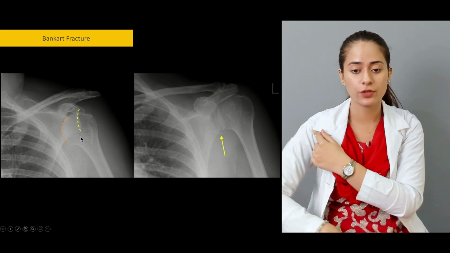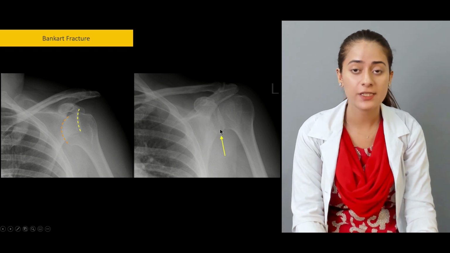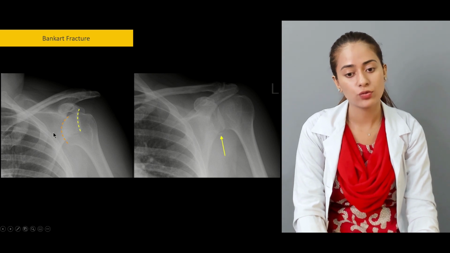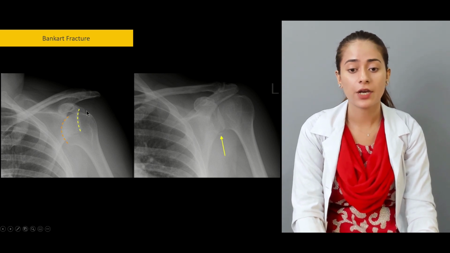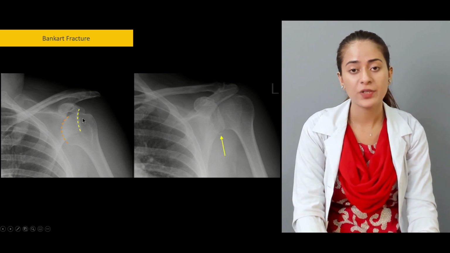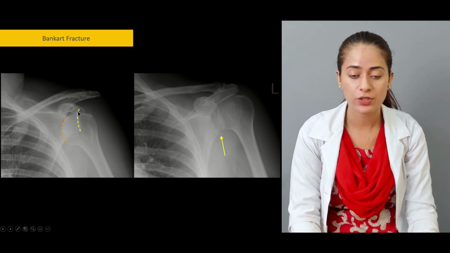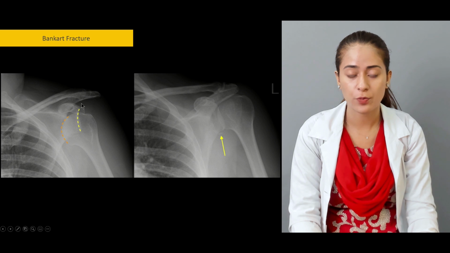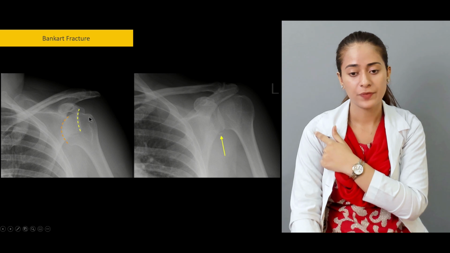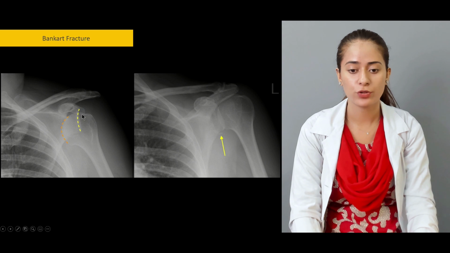Because of the dislocation, two surfaces are vulnerable to fracture. One is this surface, the inferior labrum of the glenoid, which can be fractured due to a dislocation, and the other is this portion, the superior portion of the glenoid. It is normally seen with dislocations that this portion is fractured.